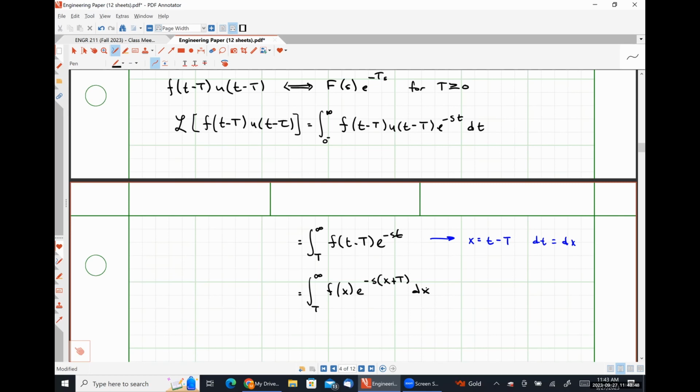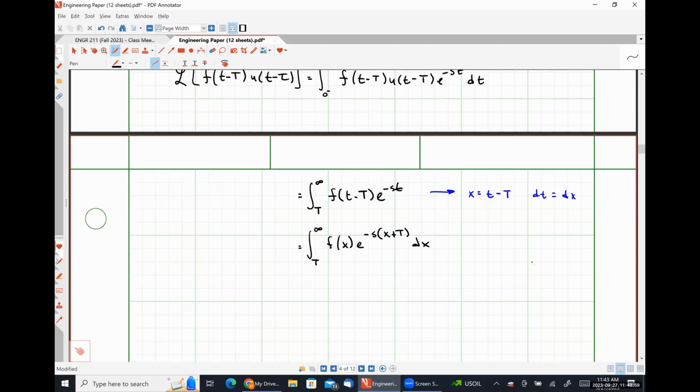Are we okay with that substitution? So x plus capital T will be equal to lowercase t. And now I can factor out an e to the negative s capital T and move it outside of the integral.